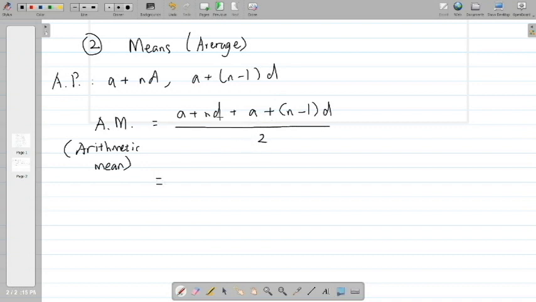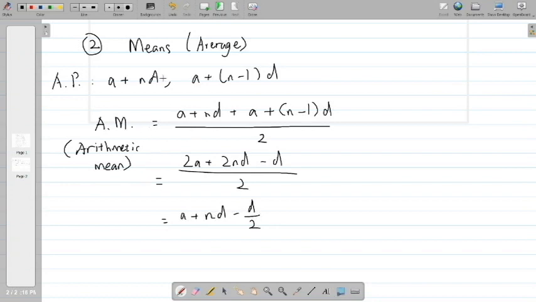If we sum this, we're going to get (2a plus 2nd minus d) over 2. I think that's correct. Which is going to give us a plus nd minus d over 2.